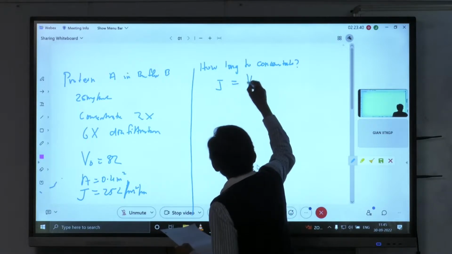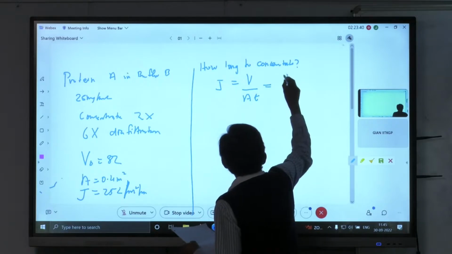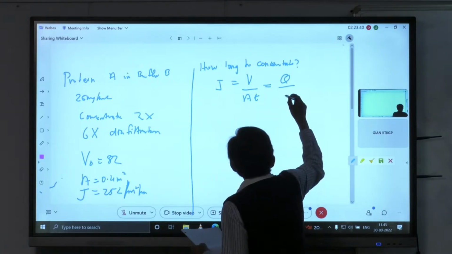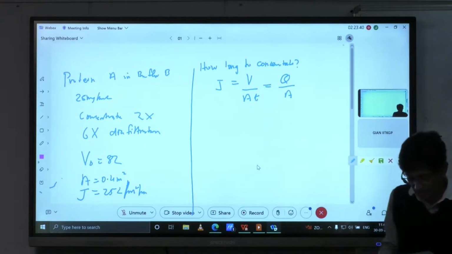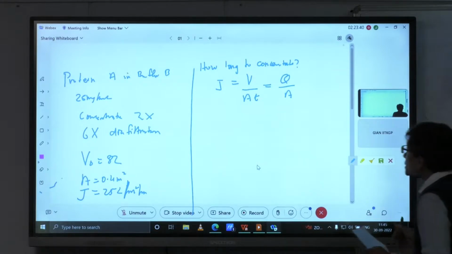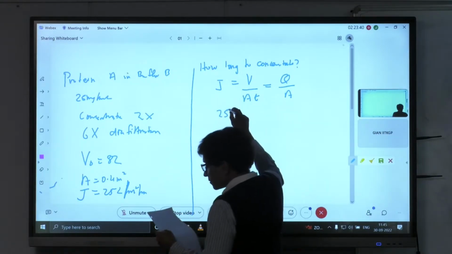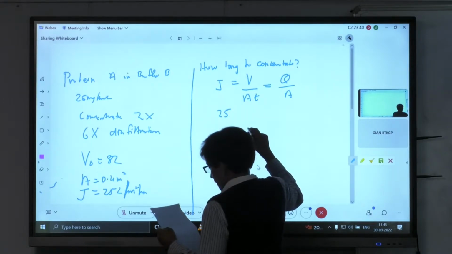It's equal to the volume divided by area multiplied by time, which is equal to Q divided by area, right? Q is a volumetric flow, or volume divided by time. And I think we know everything because we are told that the flux is 25. We just have to be careful of the units, 25 liters per meter squared per hour.